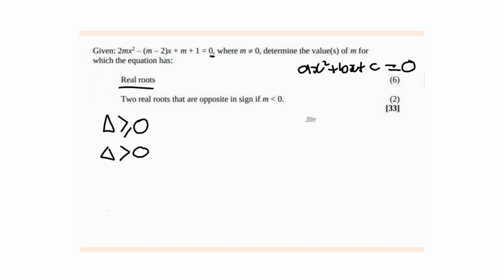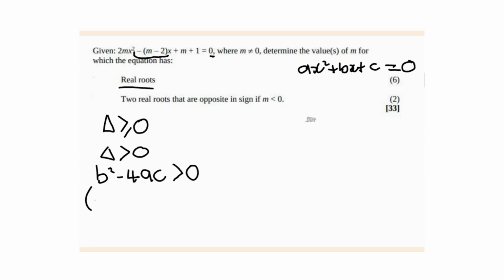So our delta is b squared minus 4ac, not equal to, but greater than 0. Now let us extract our b. We said b must just be in front of x. Whatever is in front of just x is b, meaning our b is negative m minus 2.